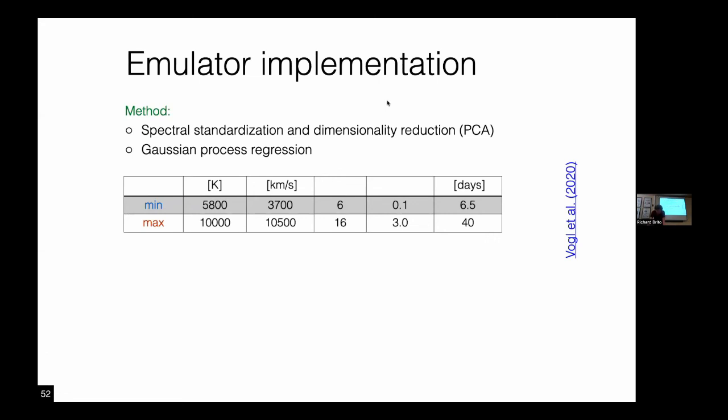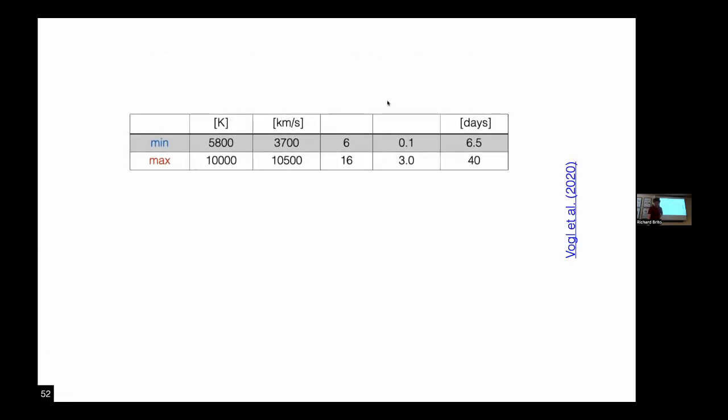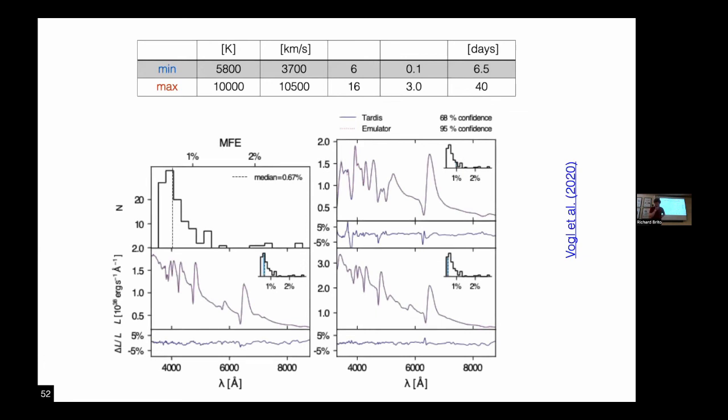I'm not the expert about this emulator stuff, I have to say. As you see, there is PCA involved, dimensionality reduction, Gaussian process regression. Okay. Oh, I thought it was just a fit to the interpolated spectrum.